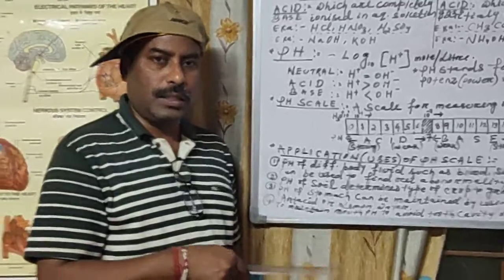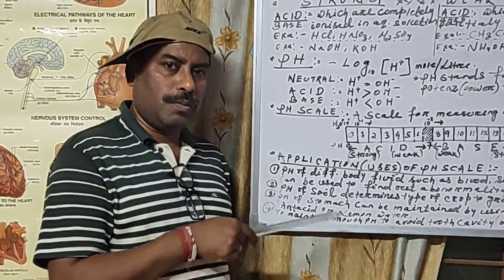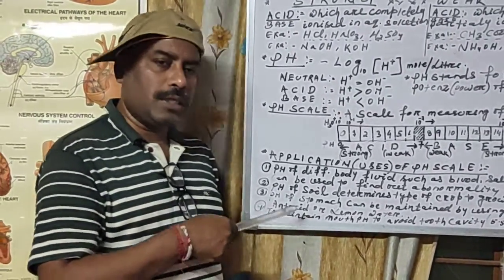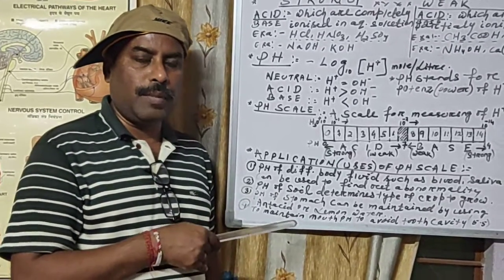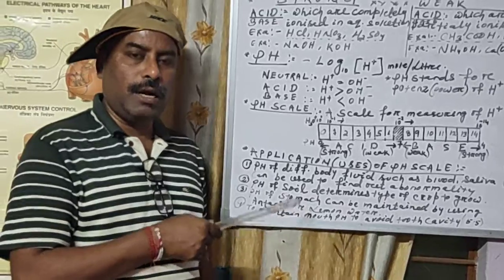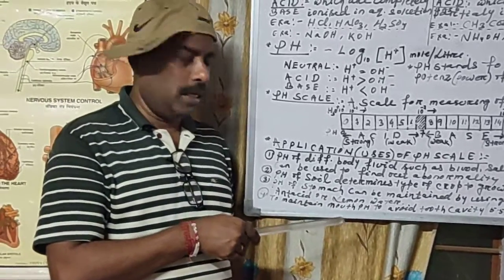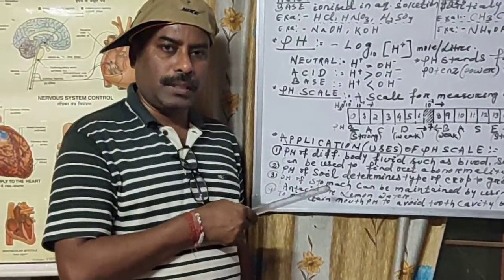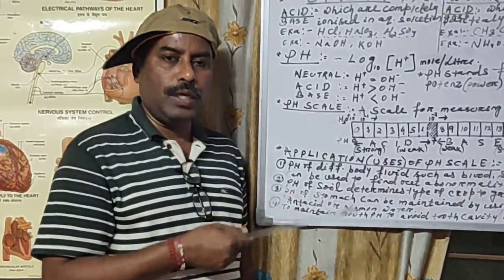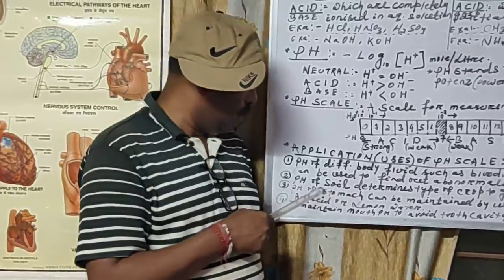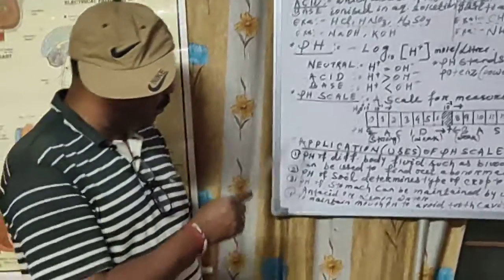Or if it is acidic, we also get stomach pain. For example, if we are suffering from stomach pain due to acidity, then we have to take a medicine known as antacid, generally milk of magnesia. This antacid is a mild base and changes the pH of our stomach and we get relief. So this is the stomach problem where we also use the pH scale.